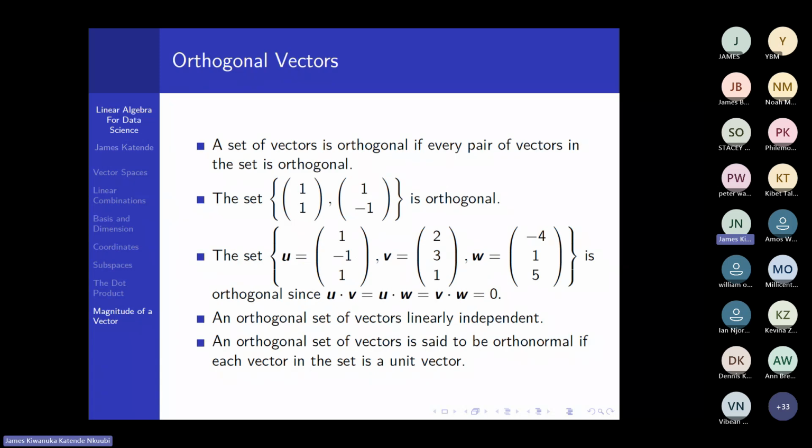Here is another example of a set from R2 which is orthogonal. You can confirm that the dot product of these two vectors is 0. Here is another set from R3. If you take them pairwise, their dot product would still be 0. So this is an example of an orthogonal set because every pair of vectors is orthogonal.